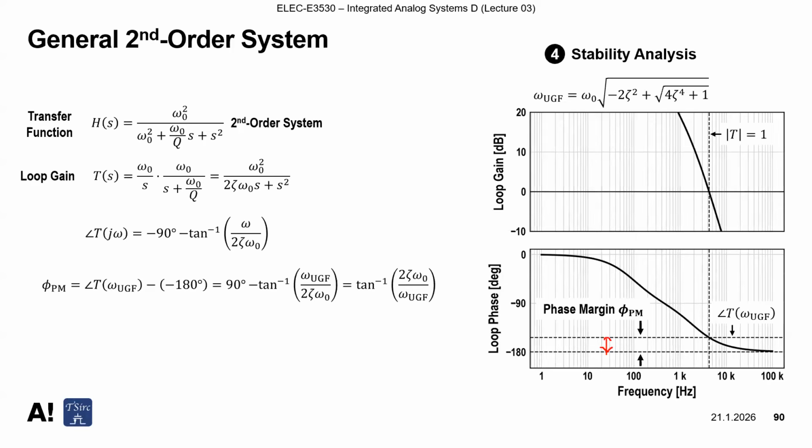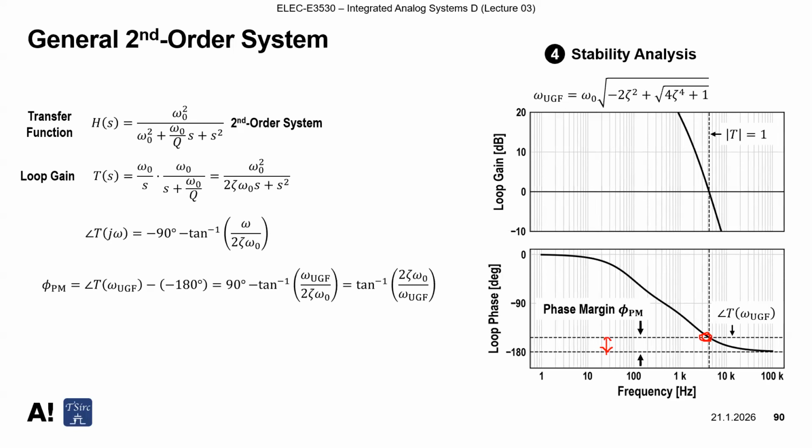So the phase margin is defined at the phase value at the unity gain frequency, and that is subtracted by minus 180. That is defined as the phase margin. That goes to plus 180, that is plus minus 90 degree.